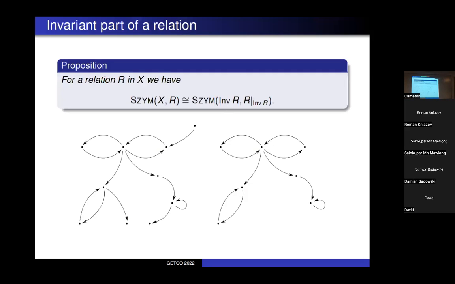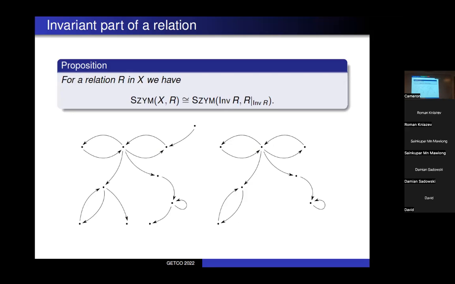The first observation is that in the Szymczak category, if we take any relation, then the object equipped with that relation is isomorphic to the invariant part with the relation restricted to the invariant part. What does it mean in practice? I'm used to putting pictures in the form of directed graphs.